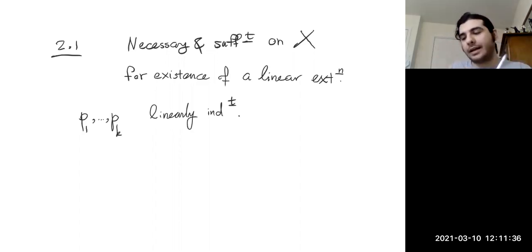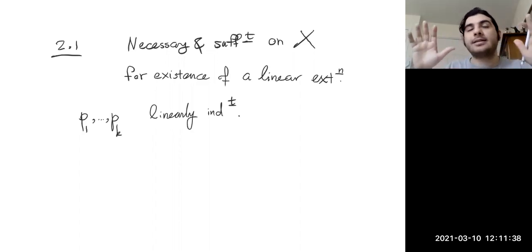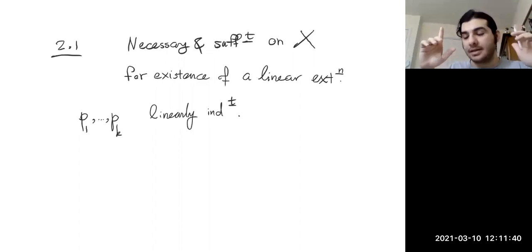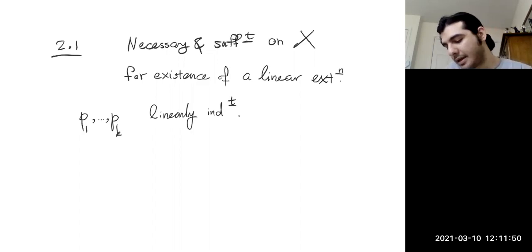Why? Now I should prove that. There are two parts. When I say necessary and sufficient, it means there are two parts. First, I should show that if X satisfies this property, if these vectors are linearly independent, then there always exists a linear extension.